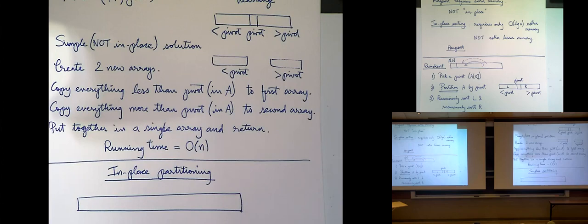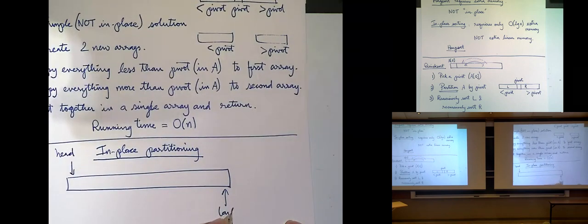So the way to think about this is, again, like marching pointers, but of a different style. We'll have two pointers here, a pointer called head and a pointer called tail. Head is at the beginning, tail is at the end.